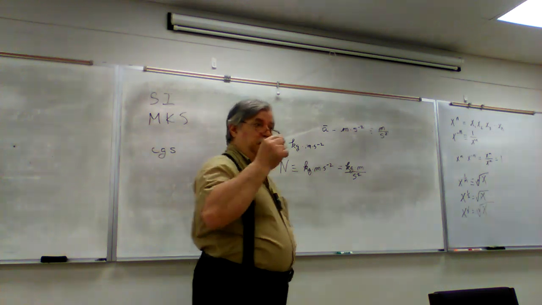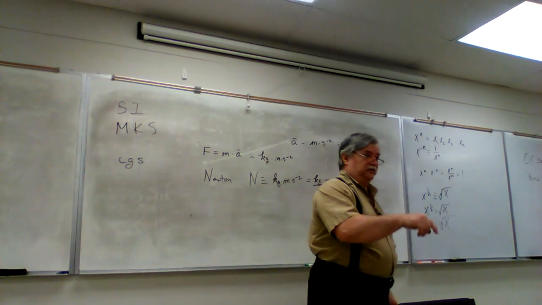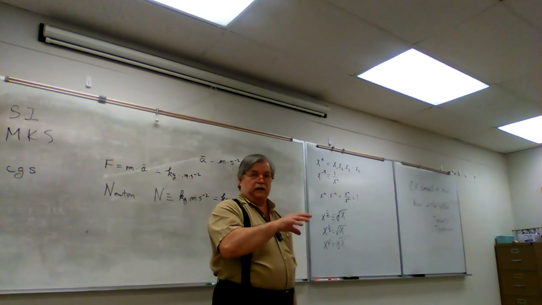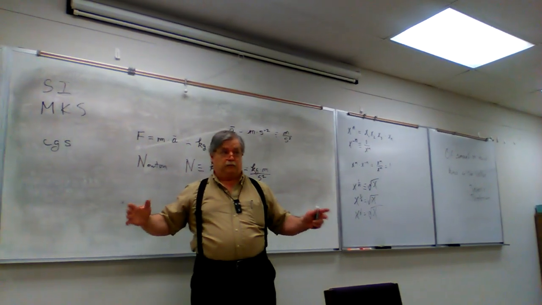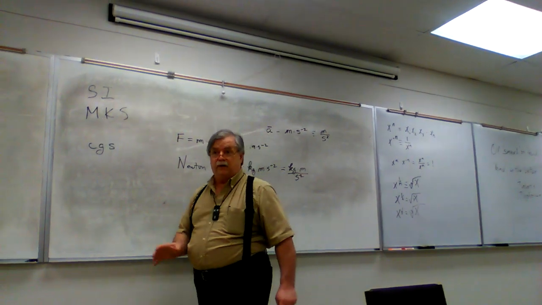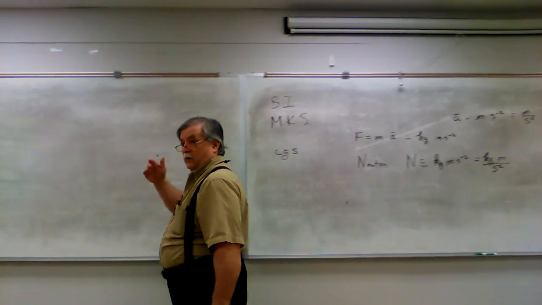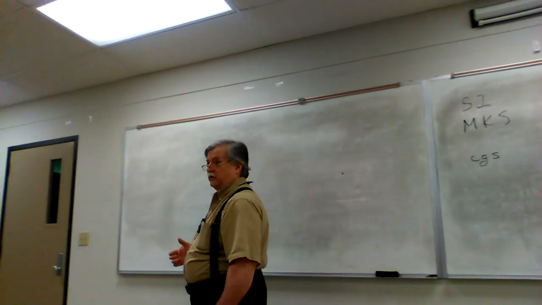Okay? Because that is a definition. The meter is defined as being 100 centimeters long. So whatever our meter is, 1 centimeter is 1/100th of that with absolute defined, definitive precision.